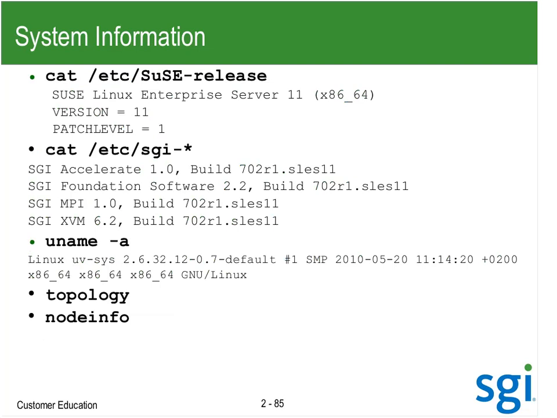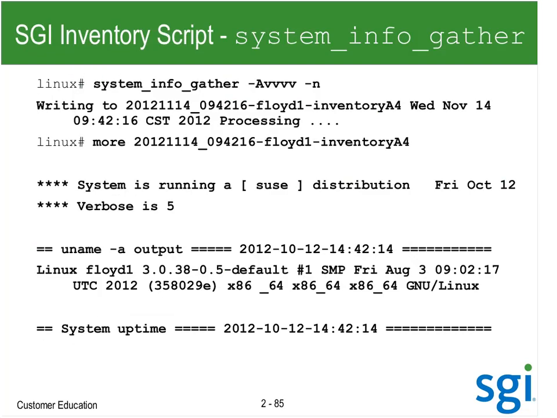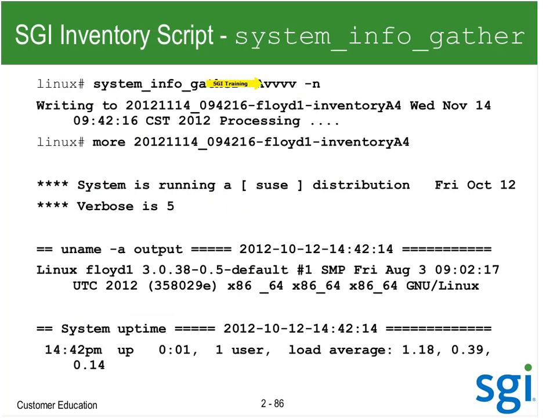There's also a topology command and a node info command. We'll do that later tomorrow. So here's sysinfo-gather. Now this one I did four v's, which is more verbose, but that's going to take longer to run. And the -n says it's going to write it into a file, so it's now writing into this file here.